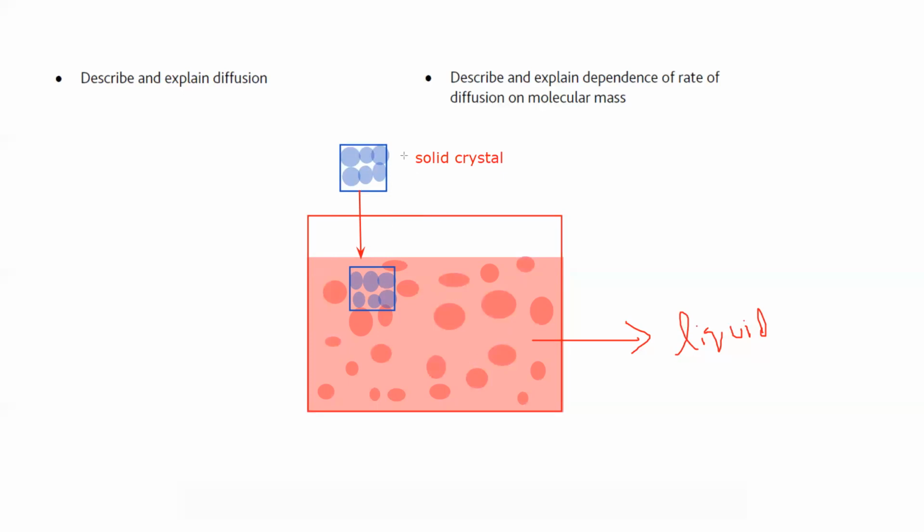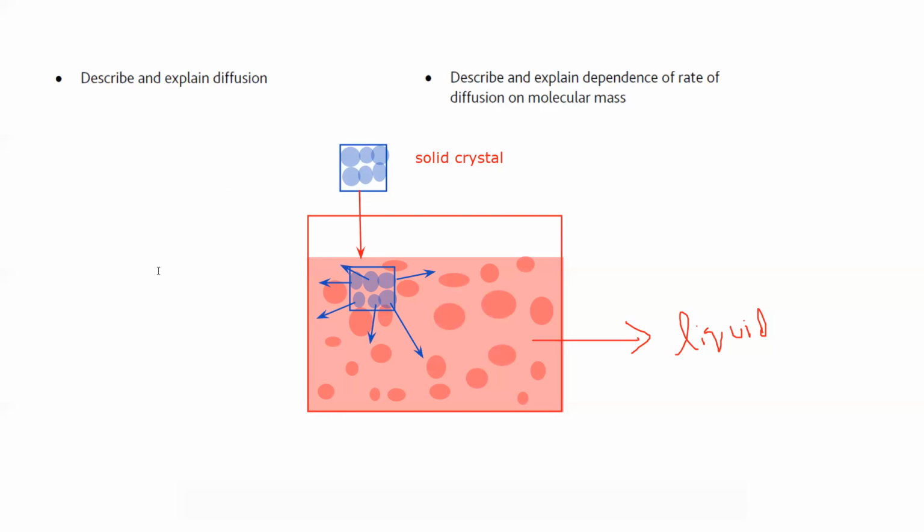So first, because the solid is added to a liquid, the particles which are inside the solid can now move as the dissolving occurs. As these particles move away from each other, there are two processes which occur here.